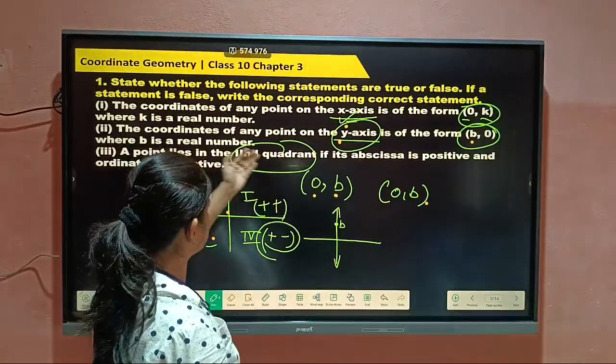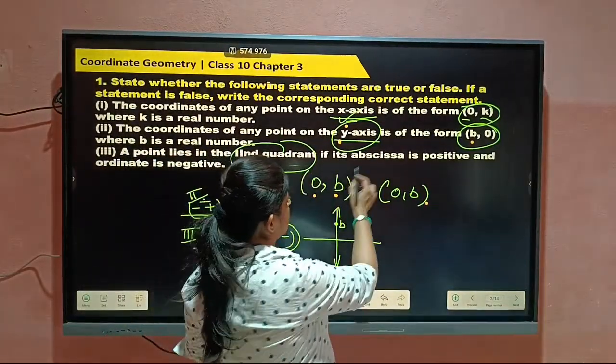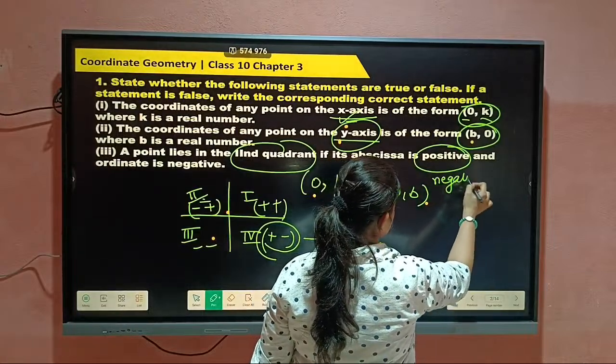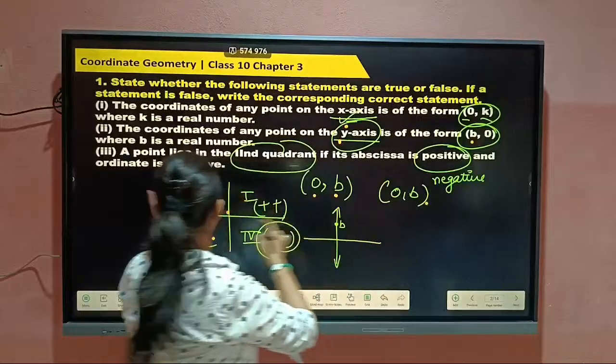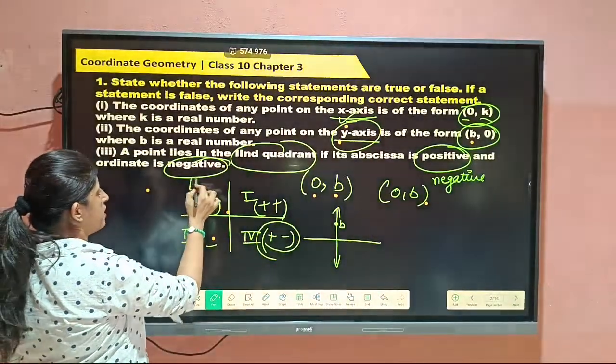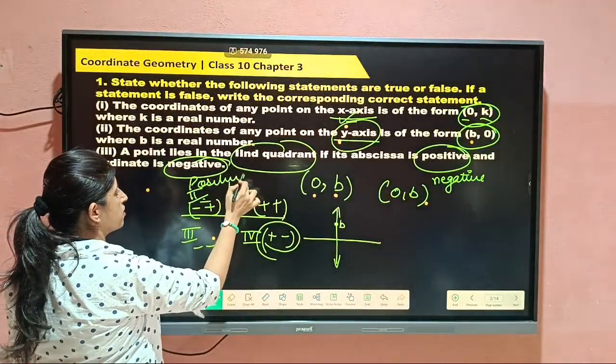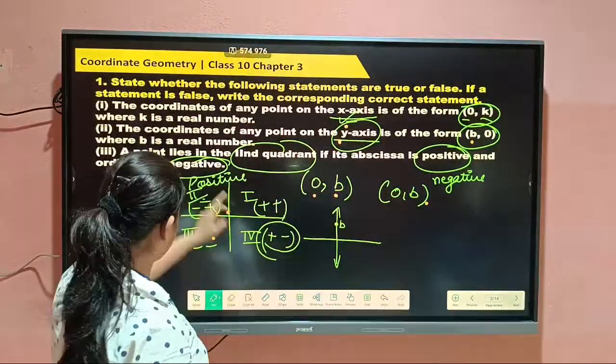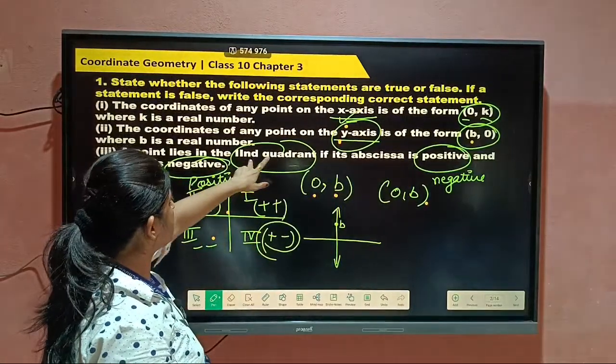A point lies in the second quadrant if its abscissa is negative and ordinate is positive. This is correct. Because it lies in the fourth quadrant, but it is given second quadrant.